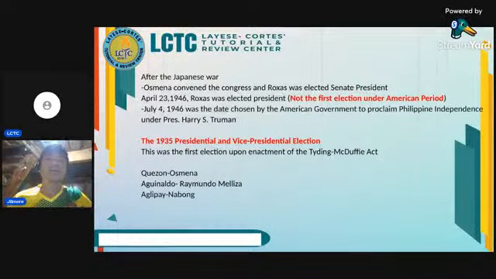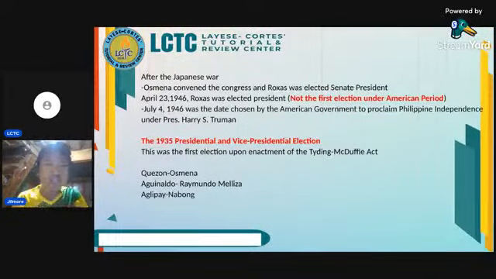So, April 23, 1946, Roxas became president of the Philippines, and the following month, July 4, 1946, was the date chosen by the American government to proclaim Philippine independence under President Harry Truman.